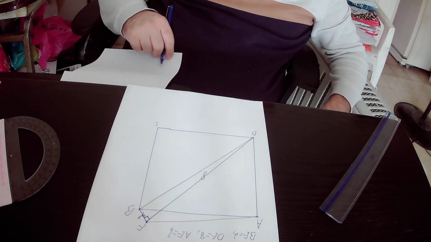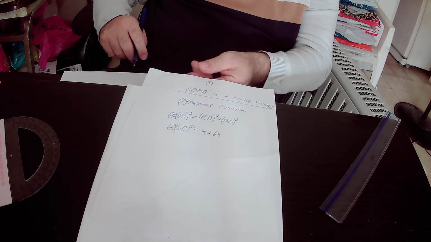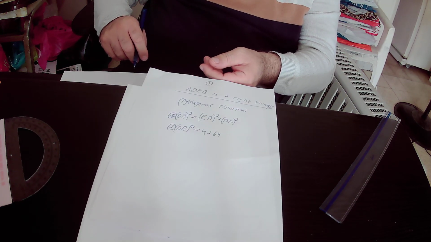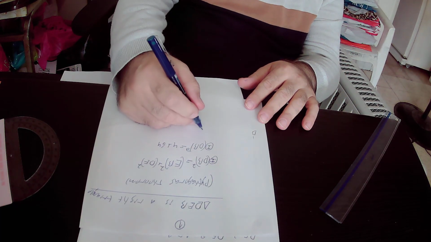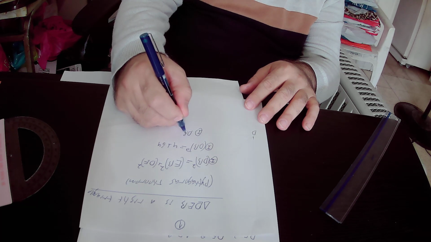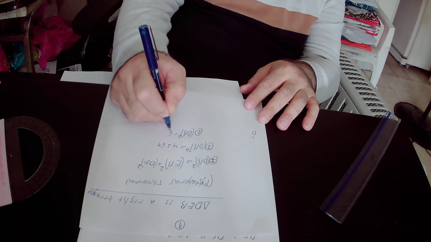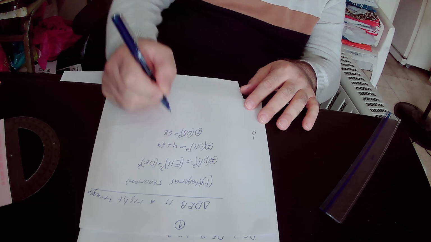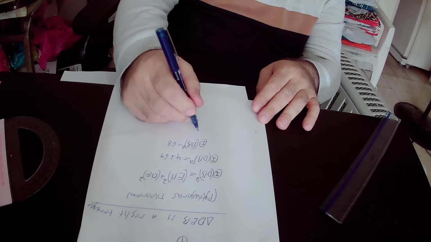So in total we got that DB square equals 64 plus 4, that is 68, so I will write it down. We found out that DB square equals 68.